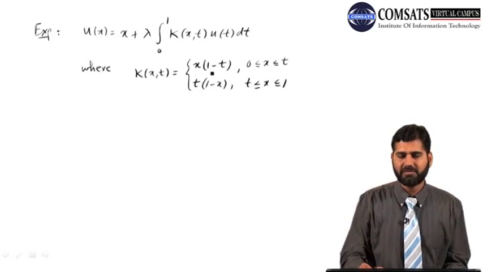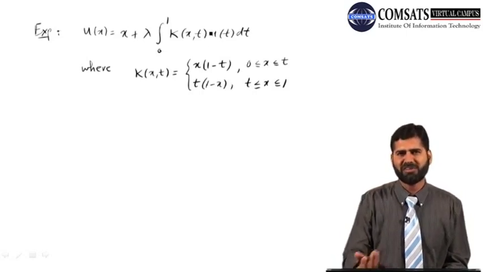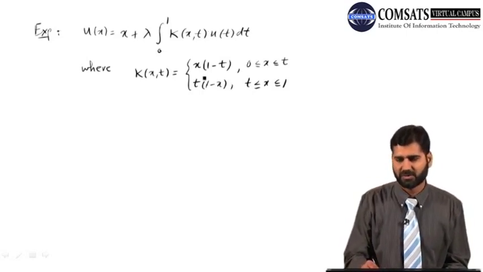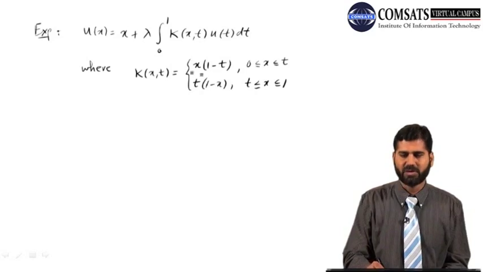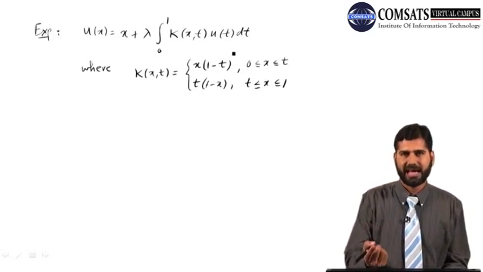This is basically a dummy variable. u(x) is there, but we are integrating with respect to t, so t is a dummy variable here. You can write xi, eta, or t. We have been using all these variables, so nothing is different. Only x should not be changed, because this whole equation is in x. x is our independent variable.